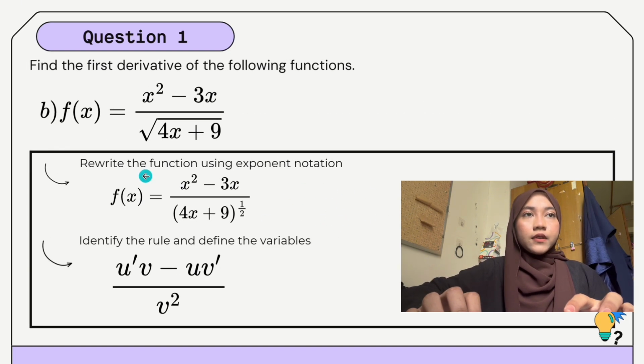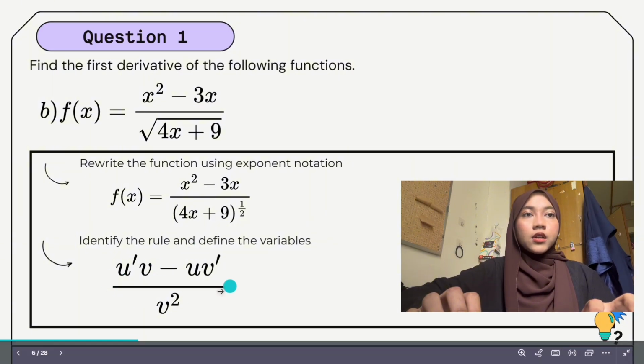We need to find the derivative of the function f(x) equals x squared minus 3x all over the square root of 4x plus 9. First we write the function using exponent notation, and it will be like this. And then we identify the rule and define the variables using the quotient rule.